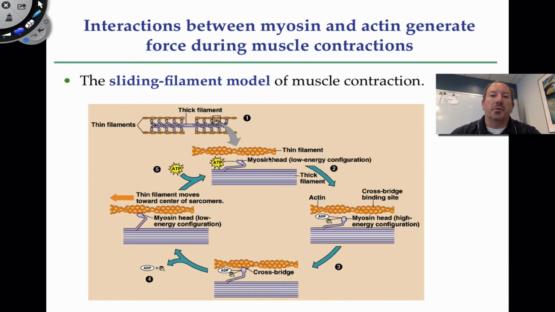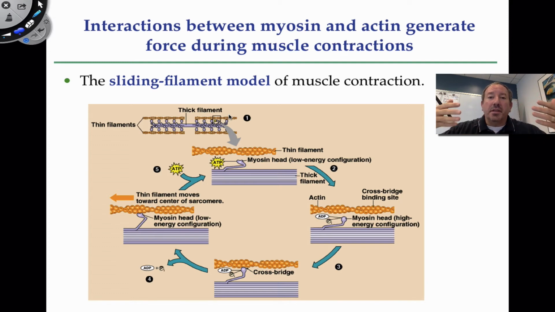Okay, so here's where it comes down to it. This is how the muscle's ultimately contracting. It's all about the interaction between the myosin and the actin. And it's called the sliding filament model, because that's actually what's happening, is the thin filaments are sliding closer together.